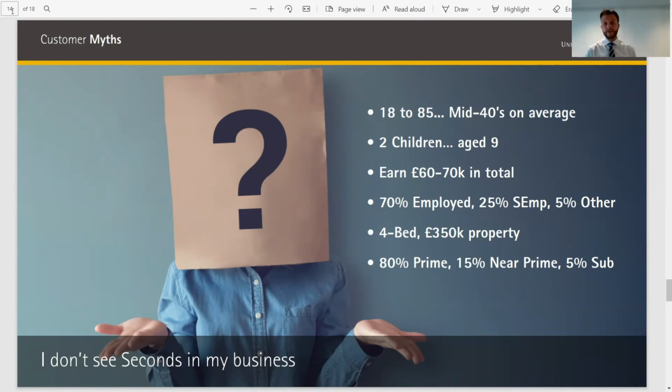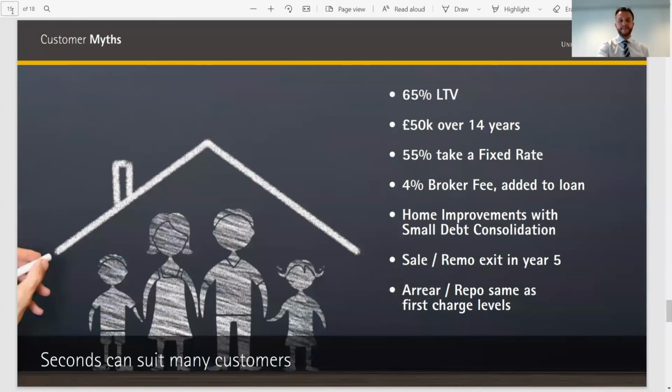So that's people with no adverse, who could have walked into the high street to get a remortgage, but didn't because it was too good to touch. About 15% near prime, and about 5% have some sort of subprime, and that is quite a small market sector, but it is still there. So from my perspective, I certainly couldn't agree with people that say they don't see second charges in their business.